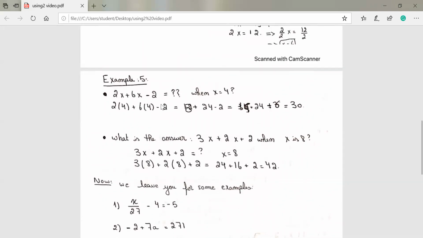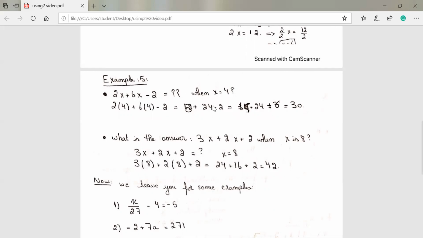another type of question which you might have when trying to solve an equation with one variable. So someone could ask you, what's the answer for an equation when having a certain value for the variable you have, which is x? Now, in our fifth example, we have 2x plus 6x minus 2, and we have to calculate this value when x equal to 4.